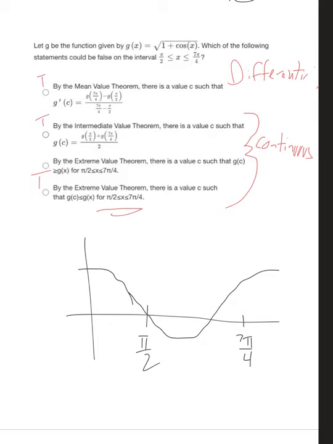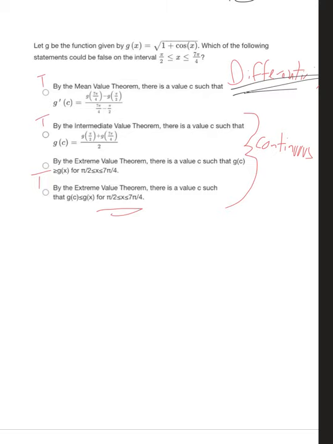So why would this not be differentiable? Well, it wouldn't be differentiable if the derivative for some reason fails to exist. And if you take the derivative here, it's fairly ugly. You've got to use chain rule.